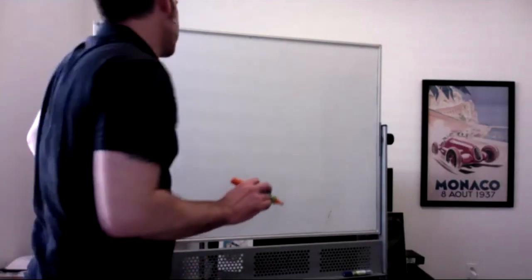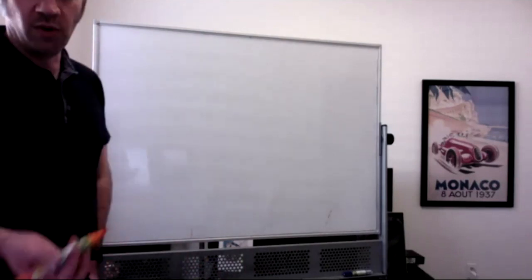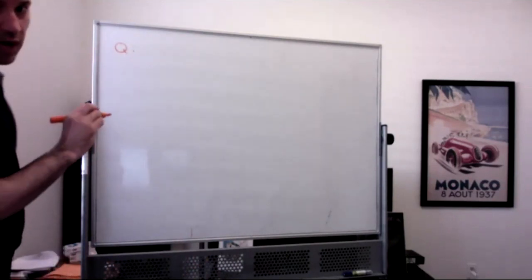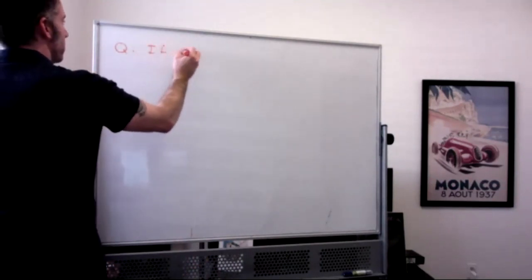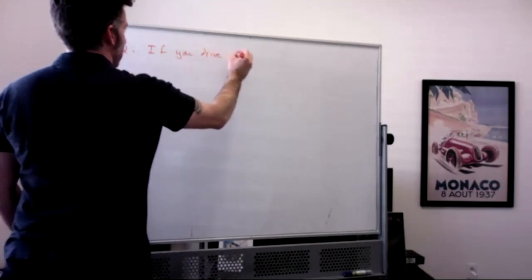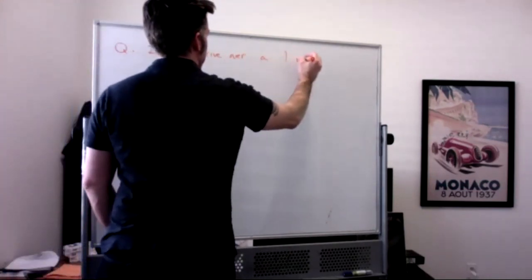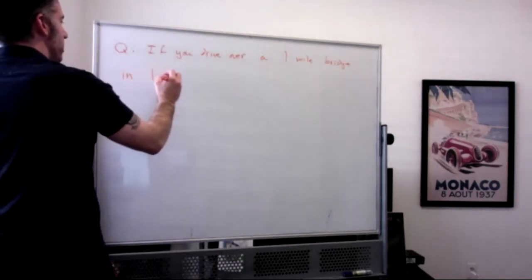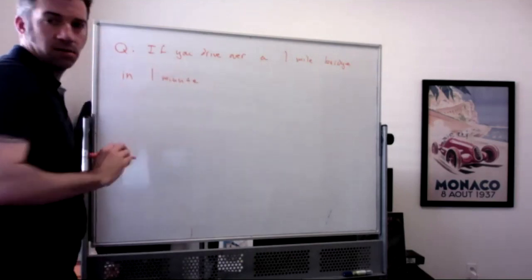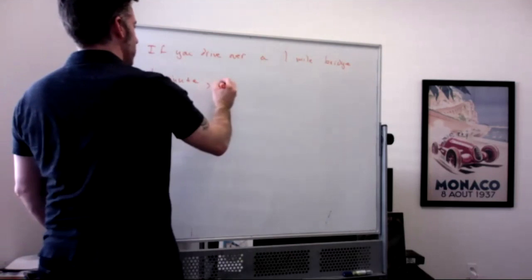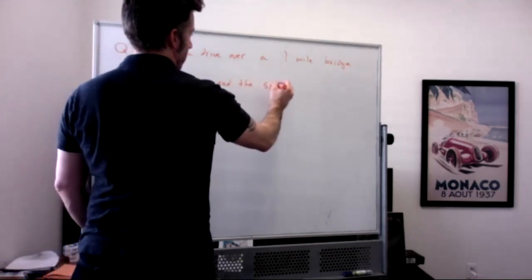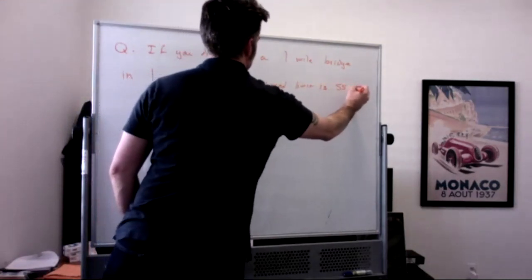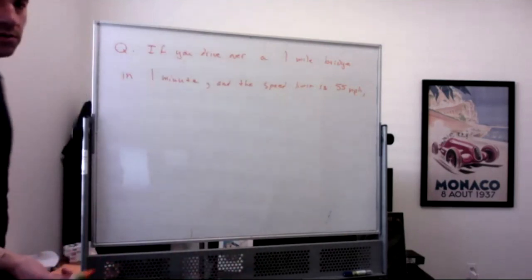So, here's kind of a motivating question. If you drive over a 1-mile bridge in 1 minute, and the speed limit is 55 miles per hour, did you break the law?